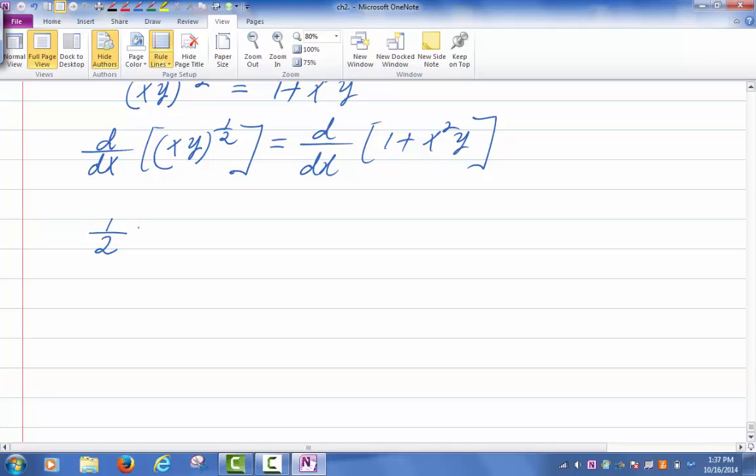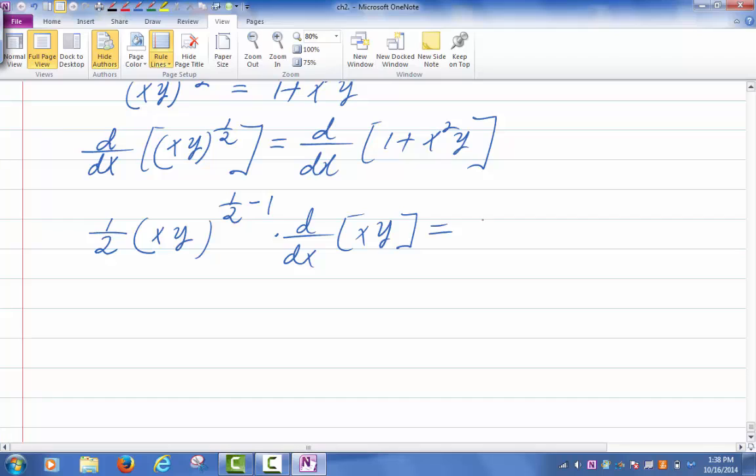Okay, so in other words, you're saying, I have (xy) to the half and I am differentiating with respect to x. So when you look at (xy) to the half, you would hope that you had only x, right? If I have just x to the half, then the derivative would be half of x to the half minus 1, and inside here I am going to have xy, and then multiply by the derivative of the quantity that you wished was just x.